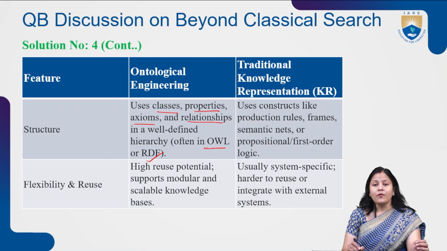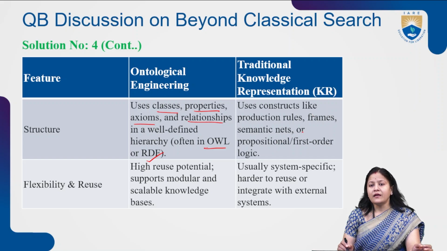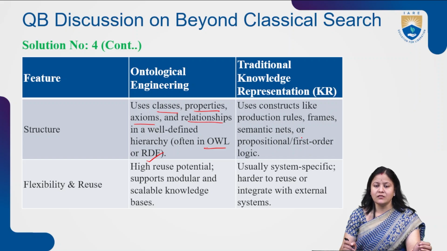OWL is the Web Ontology Language, and RDF is the Resource Description Framework. Whereas the traditional representation technique uses constructs like production rules, frames, semantic nets, or propositional or first order logic, as I have discussed just now.